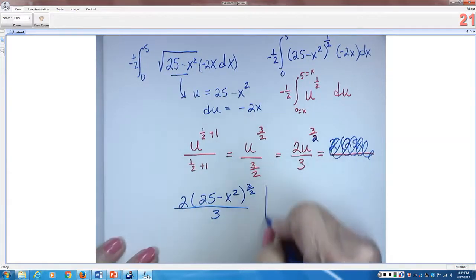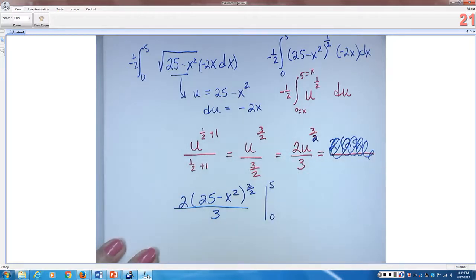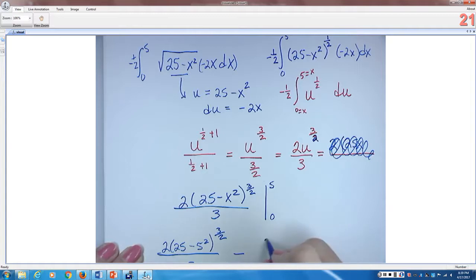And then we're going to evaluate that at 0 for x and at 5 for x. So we'll have 2 times 25 minus 5 squared to the 3/2 power over 3 minus 2 times 25 minus 0 squared to the 3/2 power over 3.